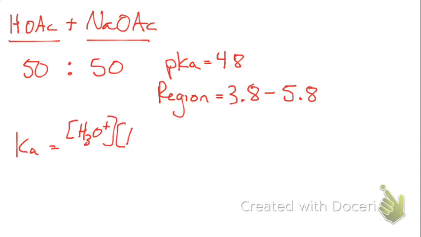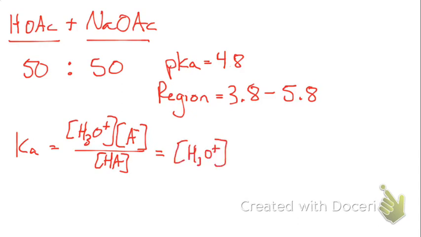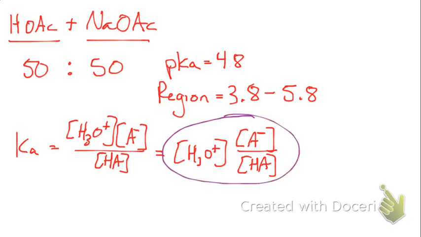We're going to look at our Ka equation, and I'm going to drop H3O plus out of the numerator and just put it out in front. That means the same thing. So this is the same as that, right?